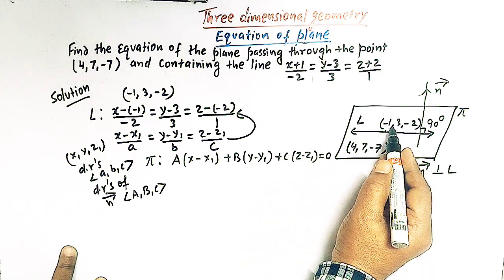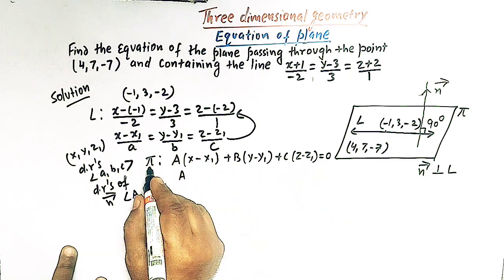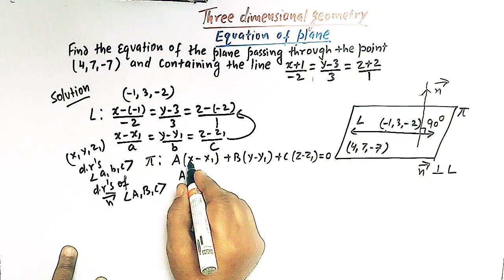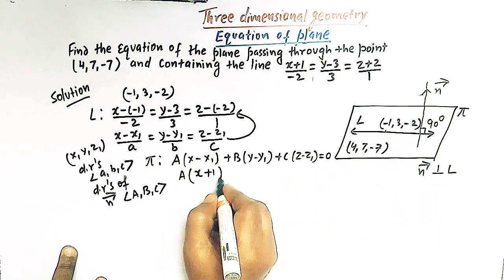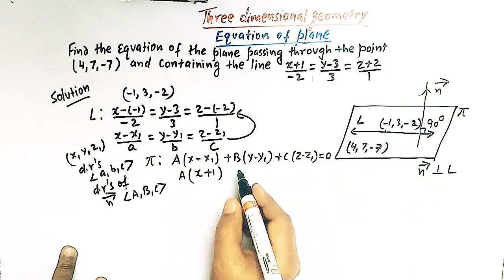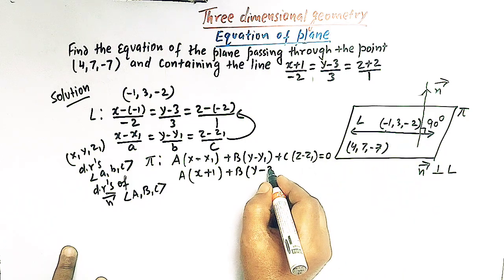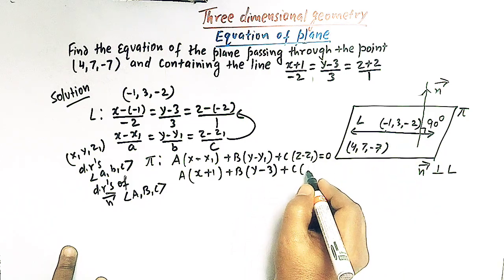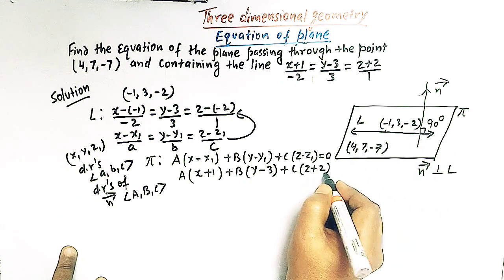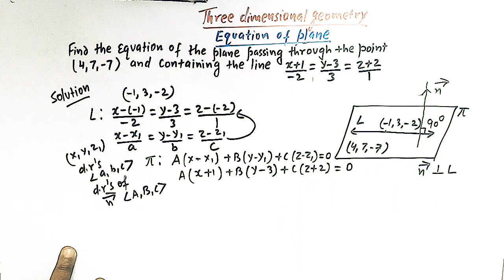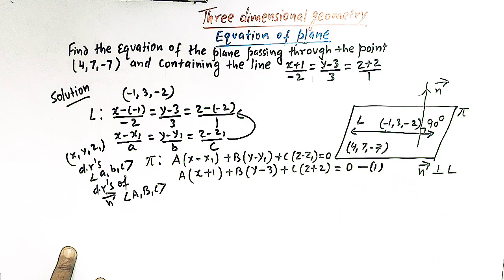So substituting this point in this equation, we can now write the equation of the plane pi as A, and here we have x, and x1 is -1, so here we have x + 1, then we have B times (y - y1), y1 is 3, and then we have C and (z - z1), z1 is -2, so here we have z + 2, and this is equal to 0. Right? So let us call this equation number 1.